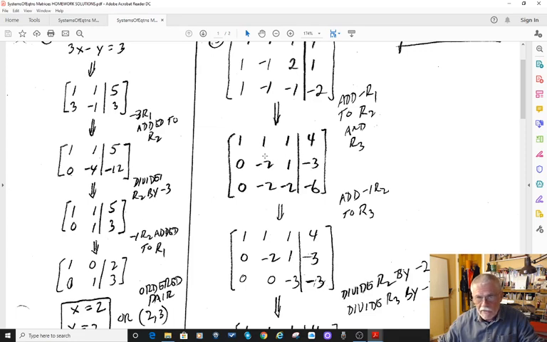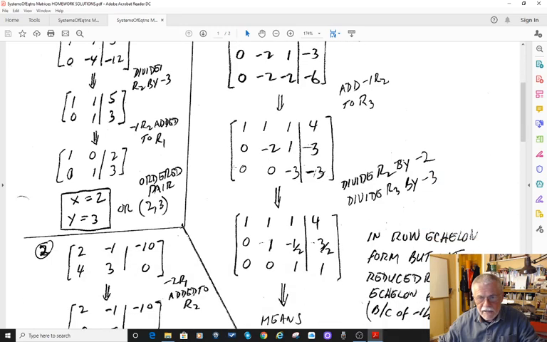So I want to make this a... what do I want to make this? I want to make this a 1, I guess, right? So let me see if I can figure out what I did. Okay, I sort of departed from the path here, and I did something a little bit different.